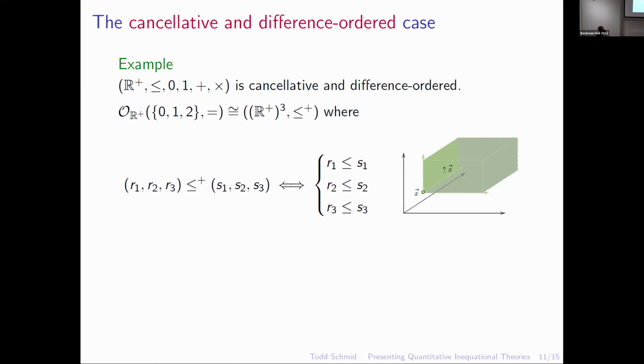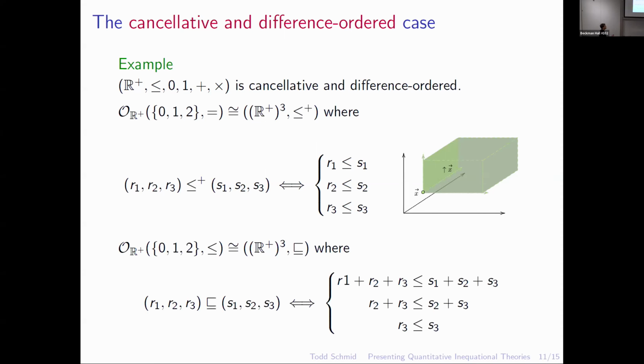So here, if I just take the 3-element set 0, 1, 2, just discretely ordered, I'm basically going to get the non-negative reals, positive vectors in R3 with the component-wise order, right? Just the product order on the positive reals. I've drawn a picture here of the upper set generated by some vector, sort of the positive cone from that vector.